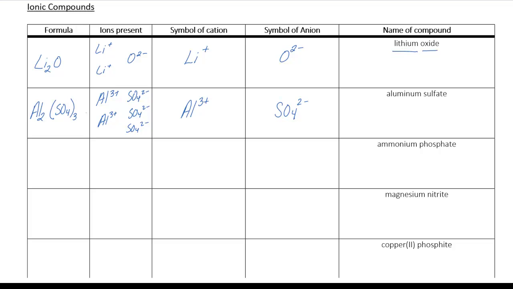For the third compound, we're going to use ammonium, again, the only positively charged polyatomic ion we'll commonly work with, and phosphate. So PO4 3-. We can see that there'll need to be a ratio of 3 ammonium ions for every 1 phosphate ion.